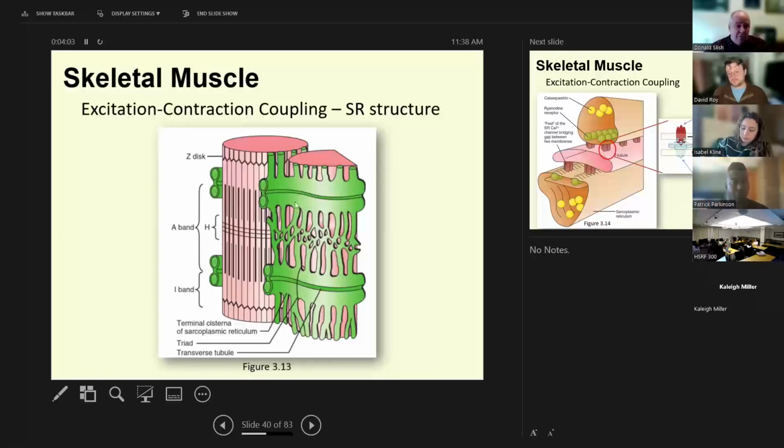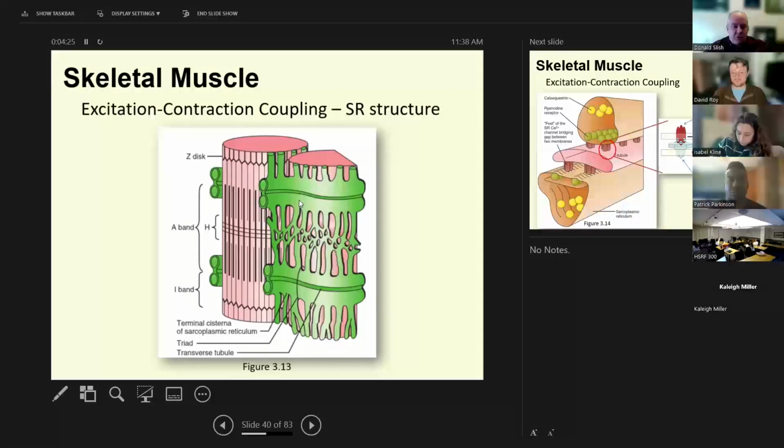And this whole structure, two terminal cisternae and the plasma membrane here, T-tubule, are right over the area of overlap in the sarcomere. So as soon as calcium comes out, boom, that sarcomere starts contracting. It's a really lovely mechanism.